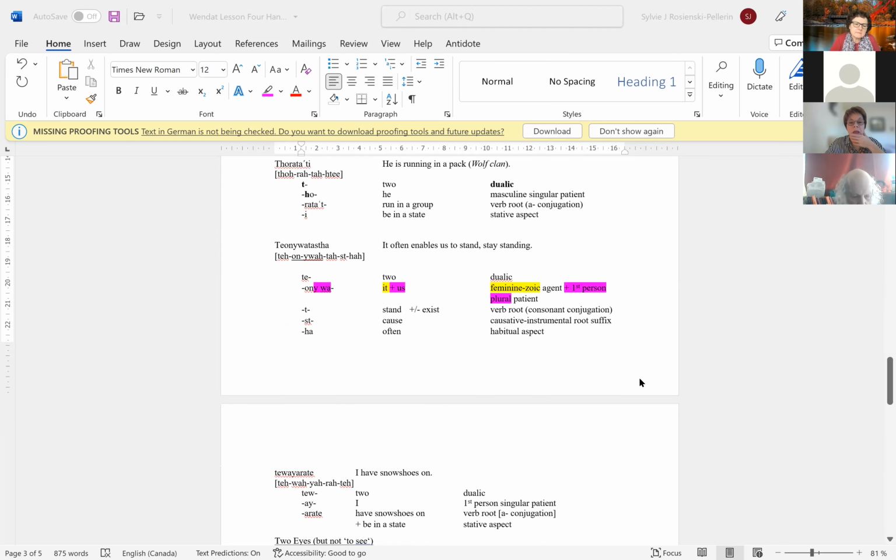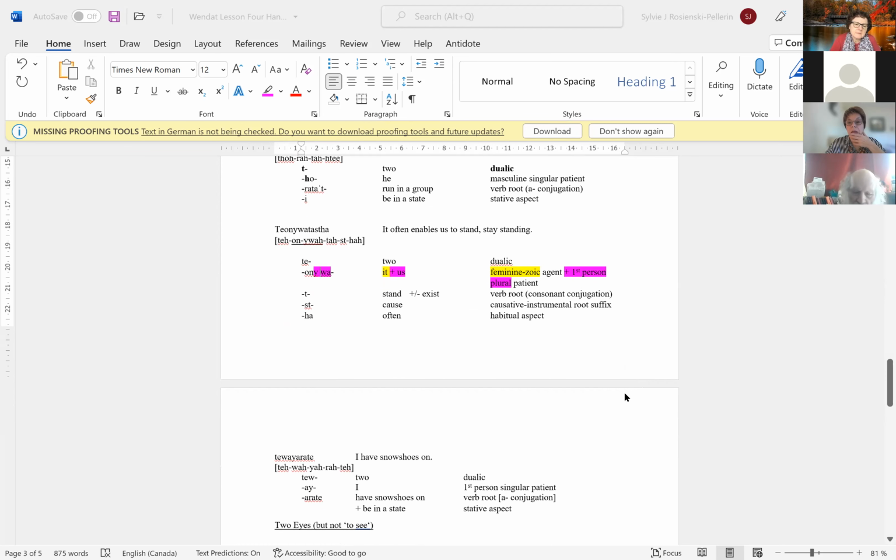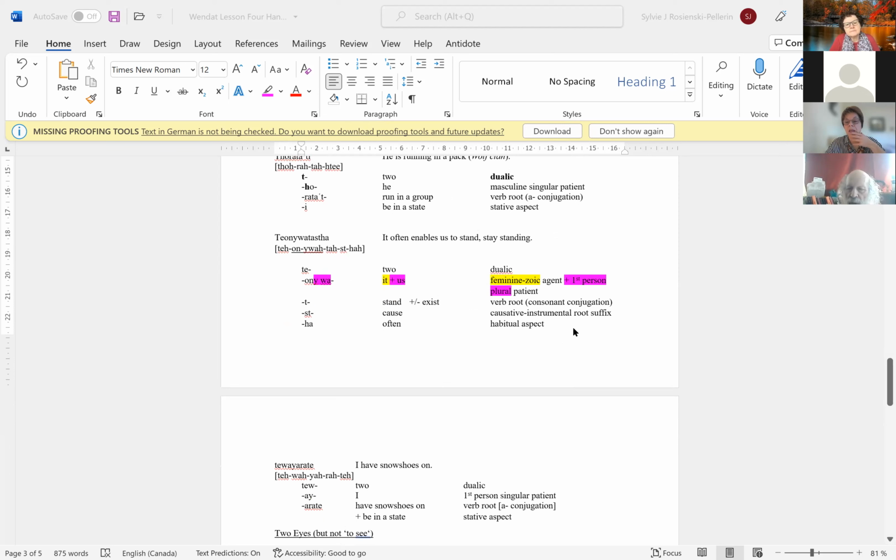All right. Now, causative instrumental root suffix. This is often, like the word enable often appears, or it causes something to happen. Now, there are two causatives.